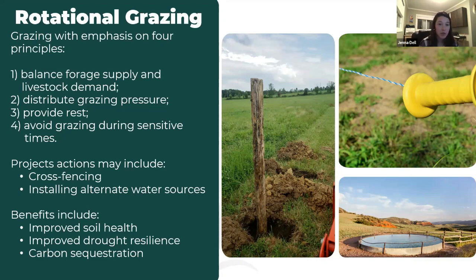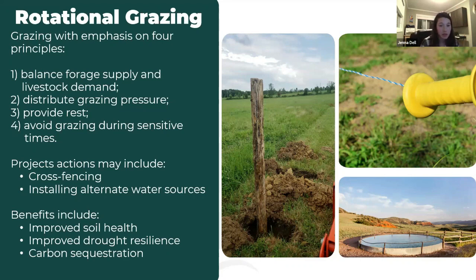It follows those 4 main grazing principles of balancing forage supply and livestock demand, distributing your grazing pressure, providing rest to areas, and avoiding grazing during sensitive times. An example for that one would be not grazing wet areas in the spring when it's going to be really wet, and maybe grazing it later in the fall when those areas are usually drier.